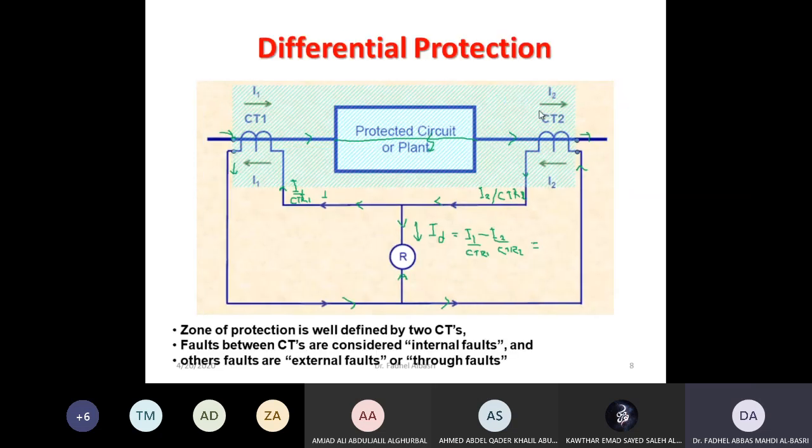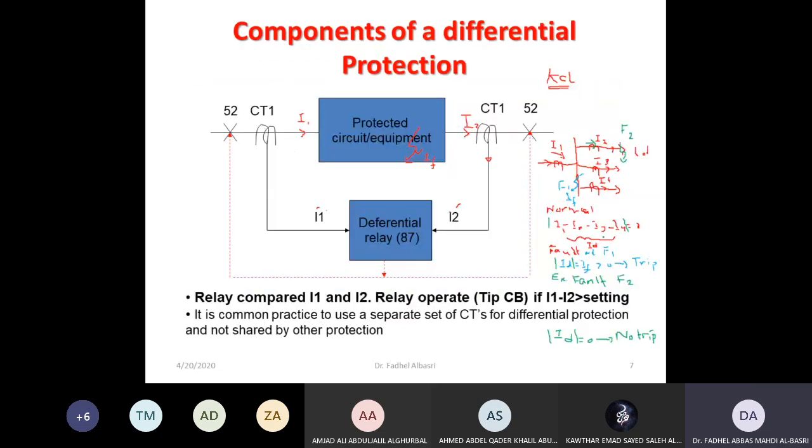There are some situations that make these differential relays not exactly 0. Suppose the CTs are not identical. Although the primary I1 equals I2 plus I3 plus I4, on the secondary, due to the magnetizing current IE, the secondary currents might not be equal.